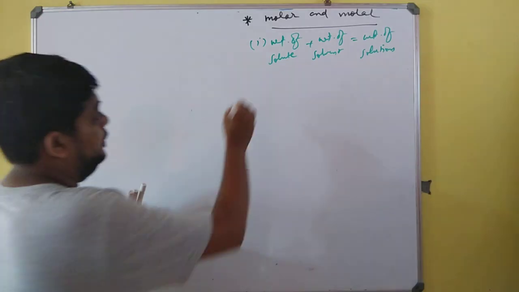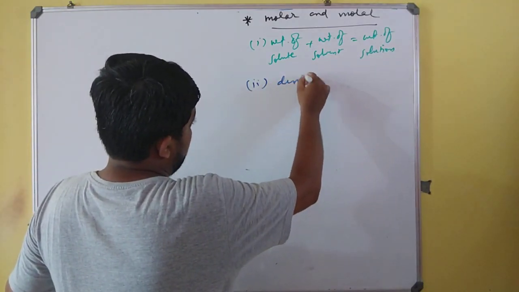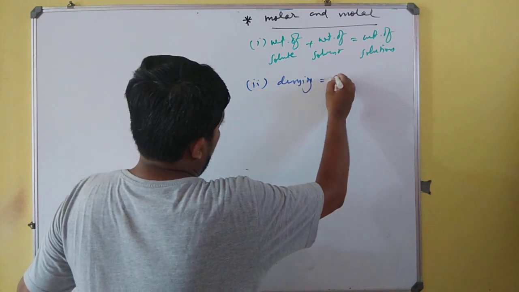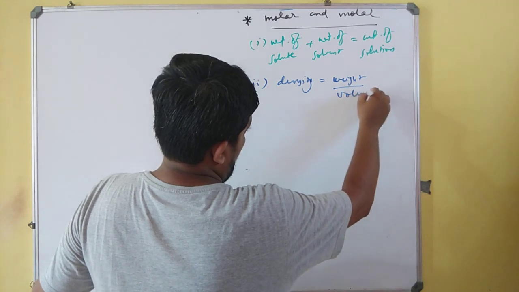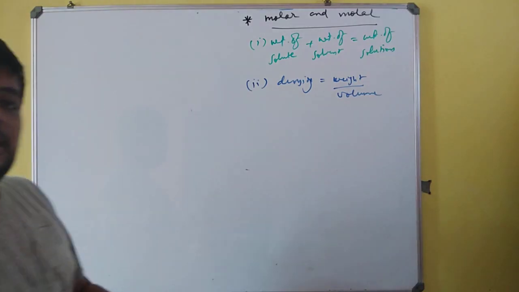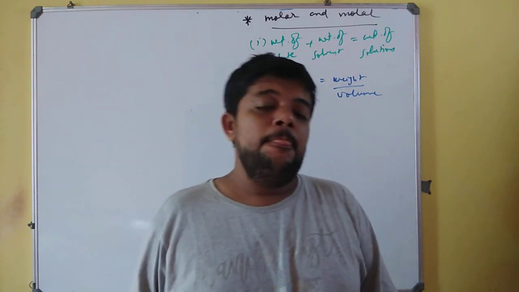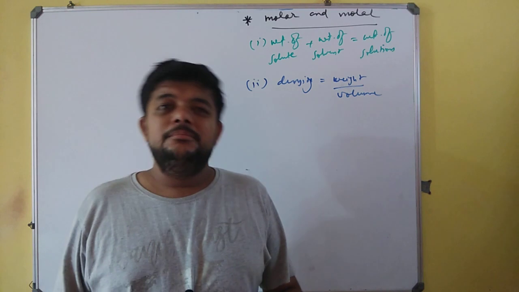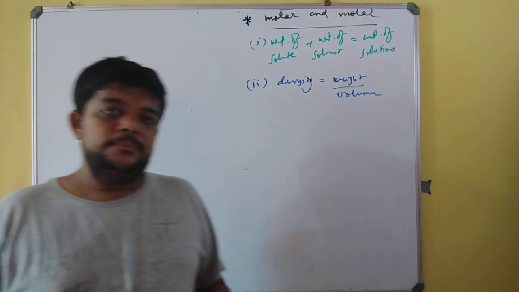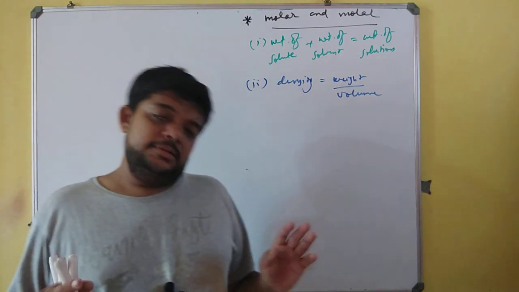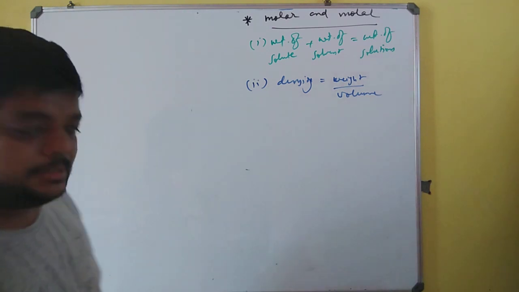And number two, density is equal to weight or mass by volume. Generally there is a narrow line of difference between weight and mass, but from the numericals point of view in chemistry, we can take them as the same and it will not harm the answer to an extent.